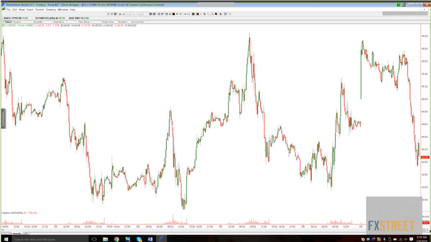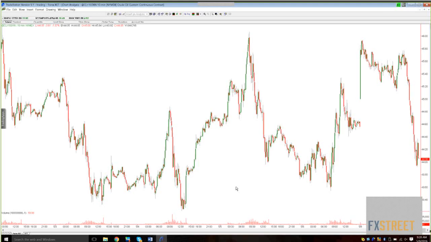Remember, don't forget, what's going to cause price to turn in any market is a supply-demand imbalance, right? Unfilled orders, not filled orders, right? Unfilled orders cause prices to turn. Filled orders cause prices to keep moving. Does everybody understand that?